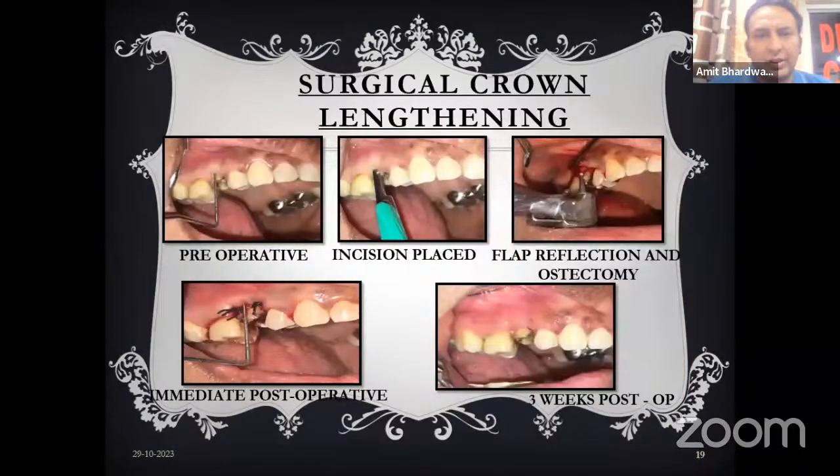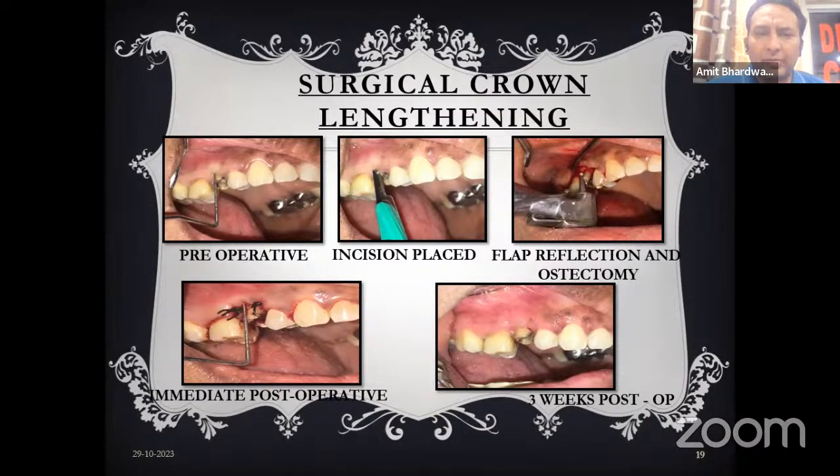Then crown lengthening. A few of our prosthodontic friends send patients to us saying that we need to place an implant, but there is a shortage of gingival space. So what we can do is measure it with the help of our UNC 15 probe, to see if alveolar bone needs to be removed to maintain a proper gingival sulcus.